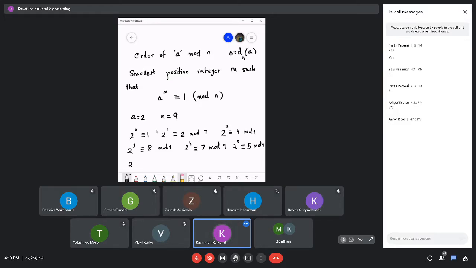Finally, 2 raised to 6, which is 64, is congruent to 1 mod 9.